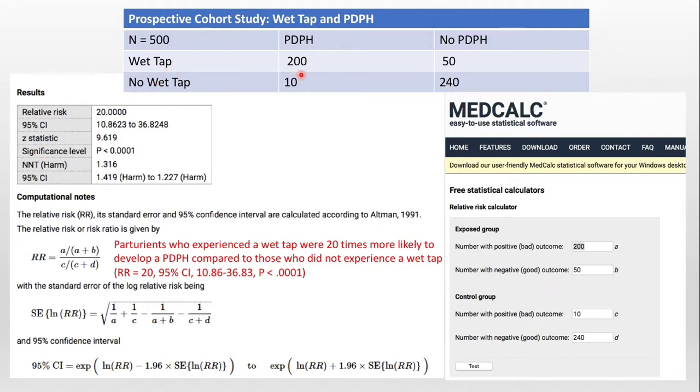Okay, so I put the frequencies of each event occurring in each of the boxes, and I went on this calculator called MedCalc. You can go to that website and enter the numbers into the boxes, and so here's the relative risk using these numbers. What it came up with is a relative risk of 20, with a confidence interval of roughly 10 to 36.